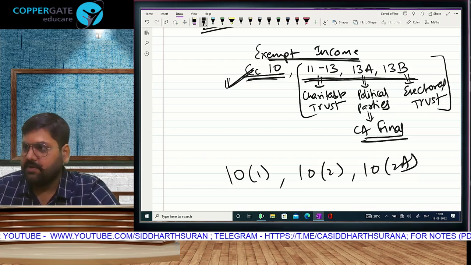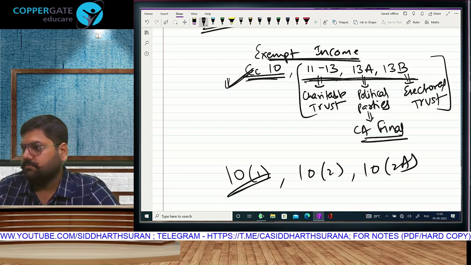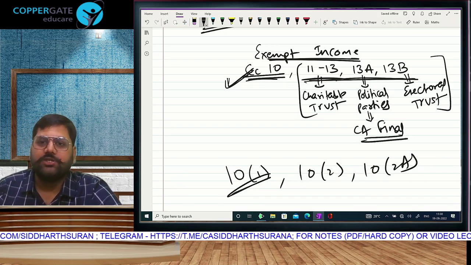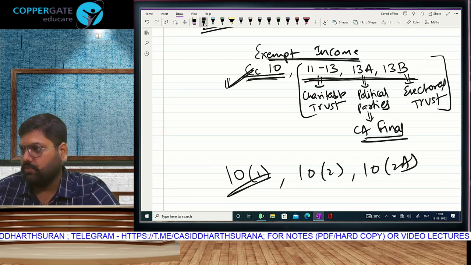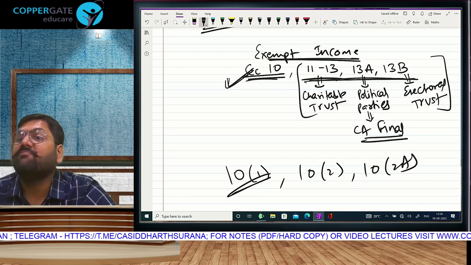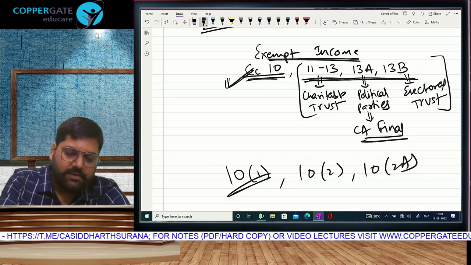In writing you have to write like this, but when you speak also, you should make sure that you say clause 1 of section 10, clause 2 of section 10. A list of incomes on which government does not want tax.